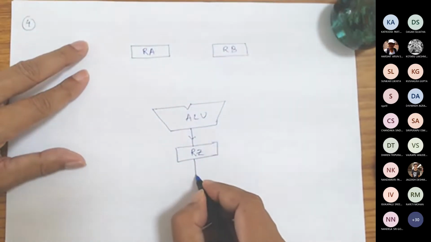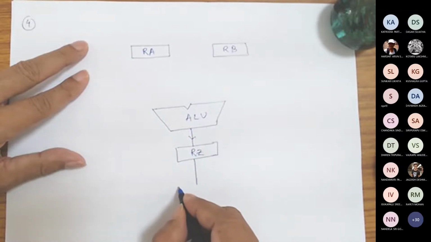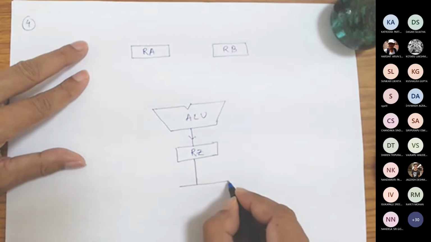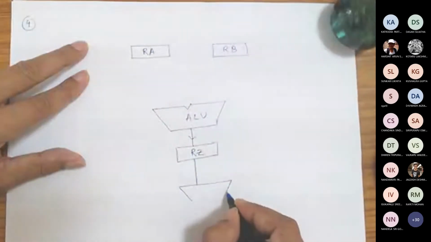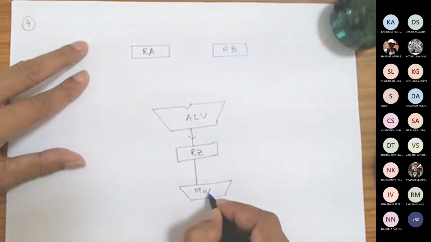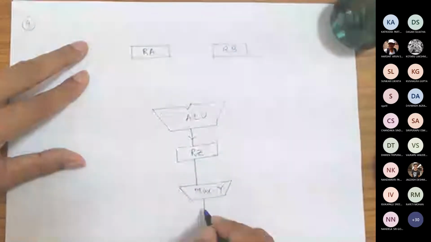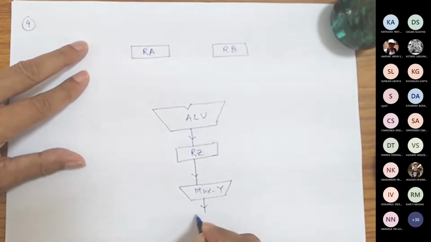From here it goes to Mux Y, then RY, and it goes back.